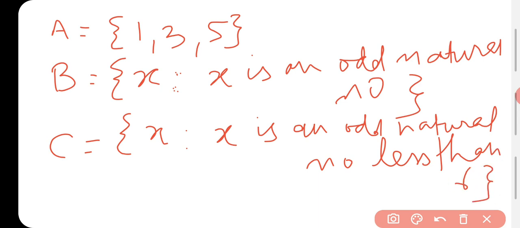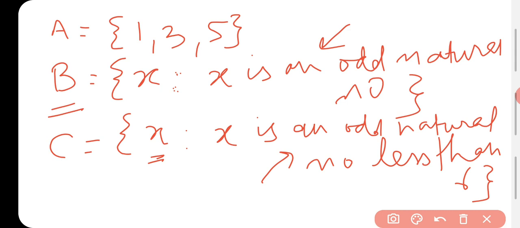We have three sets. The first set is given in roster form. Set B is given in set builder form with the condition that x is an odd natural number. This is the characterizing property for set B. And set C is again in set builder form, with its own characterizing property for the values of x. Now class, in set A, what do we have?